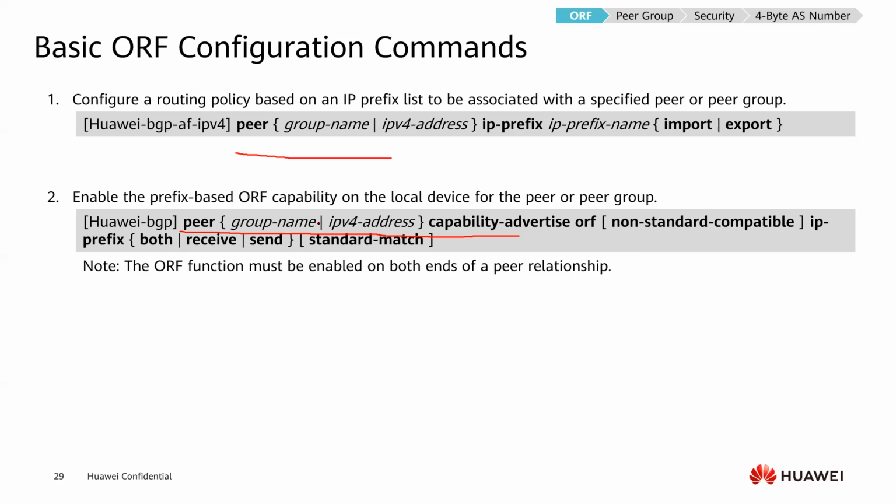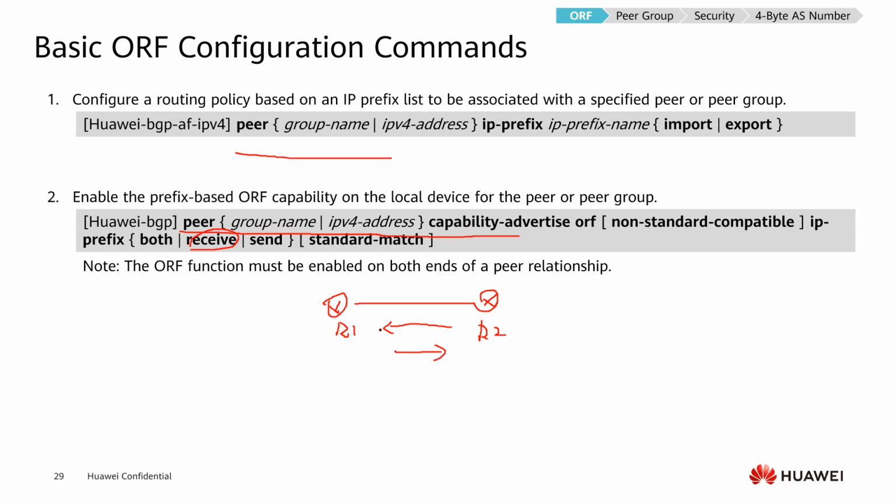And for the receive, for these routers, R1 and R2. R2 first needs to tell R1 I need some specific routes, so you use the first command to do so, and then it will enable the ORF capability for the receive, because next I will receive the routes.